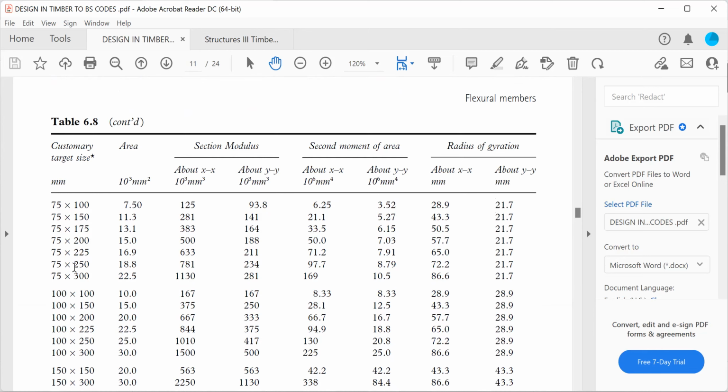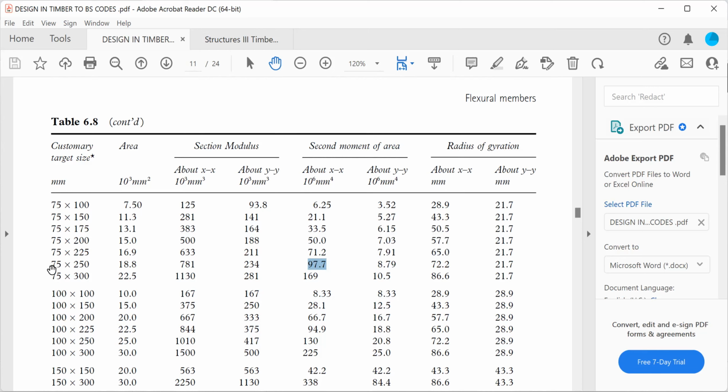calculate the depth factor. So when I come here, this section 250, 75 by 250, I find my ZXX is 781, which is greater than calculated, okay. Then now I'll check my second moment area, which is IXX, which is 97.7, which is greater than my calculated value.